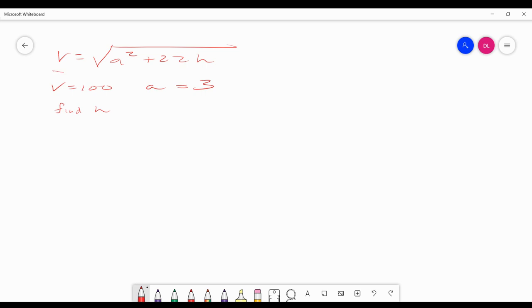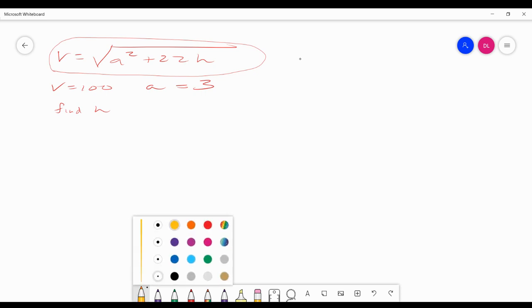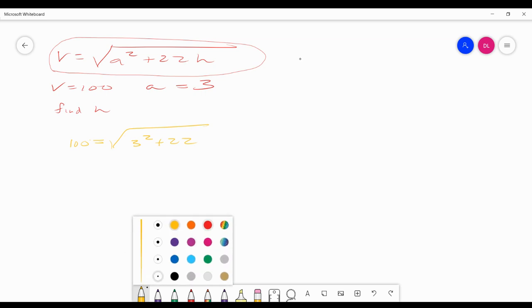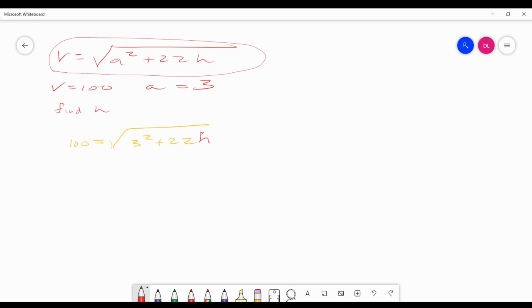So all we're doing here, guys, is we're taking this piece of information here and we're plugging these values in. So they tell us that V is equal to 100, and they tell us that a is 3, so we have the square root of 3 squared plus 22, and we'll go back to the red color here, h. So I'm really finding h.